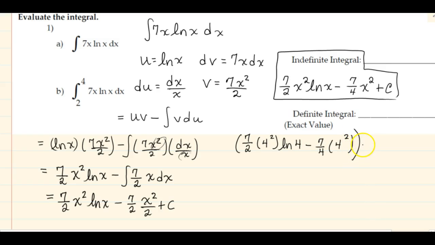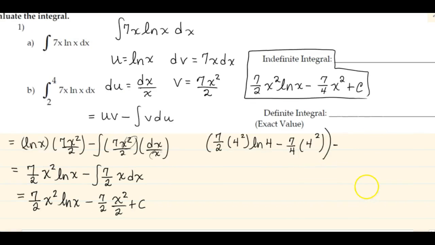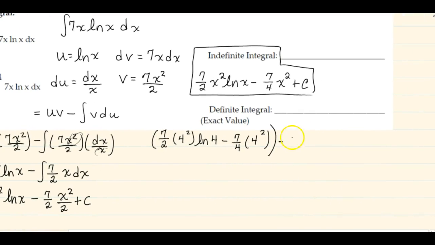So that's one value, and then I'm going to do the same thing when I plug in my 2. So that will be 7/2 plugging in my 2 squared natural log of 2 minus 7/4 and then plug in my 2 squared.